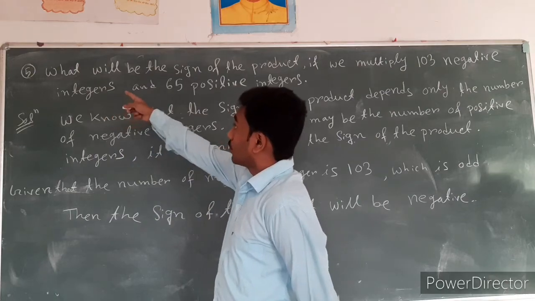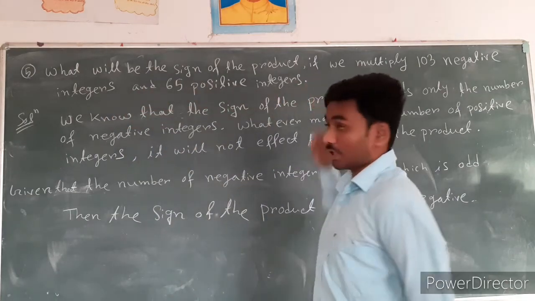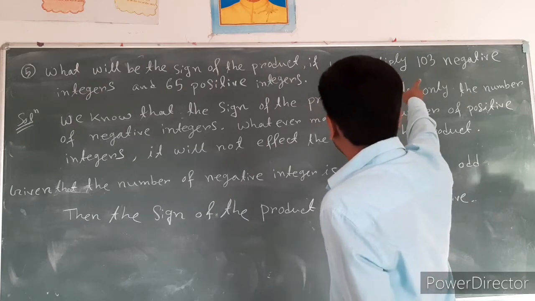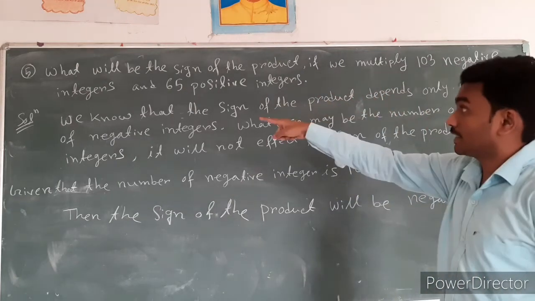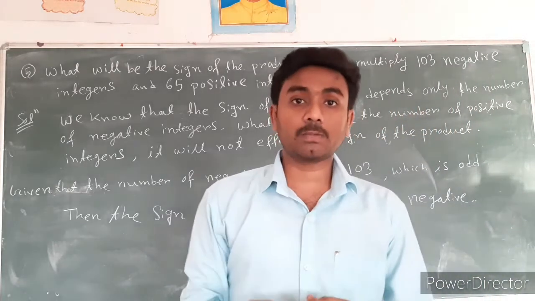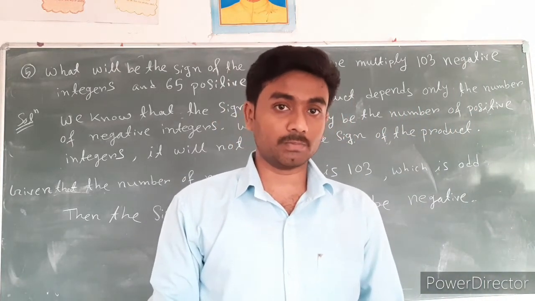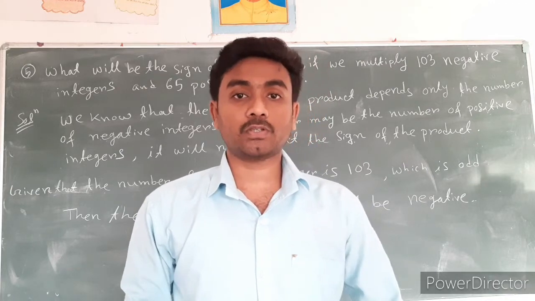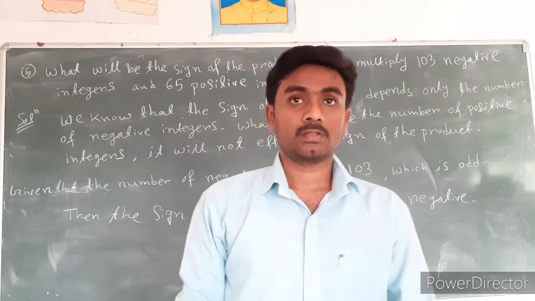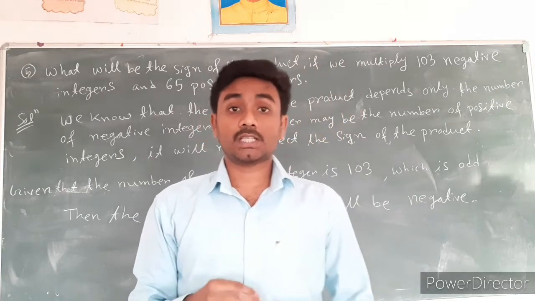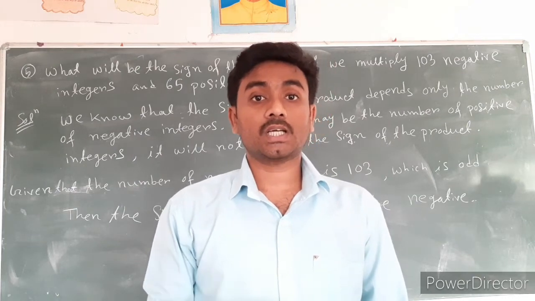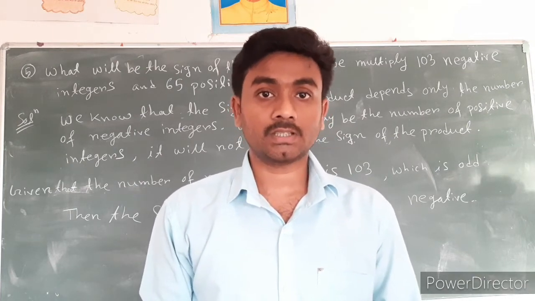Question number 5. What will be the sign of the product if we multiply 103 negative integers and 65 positive integers? We know that the sign of the product depends only on the number of negative integers.